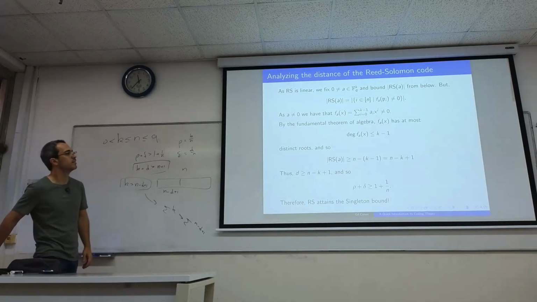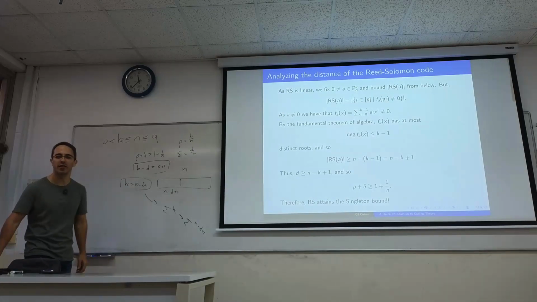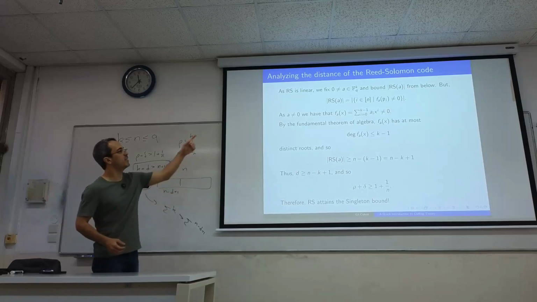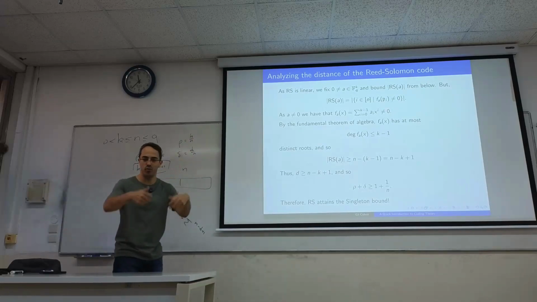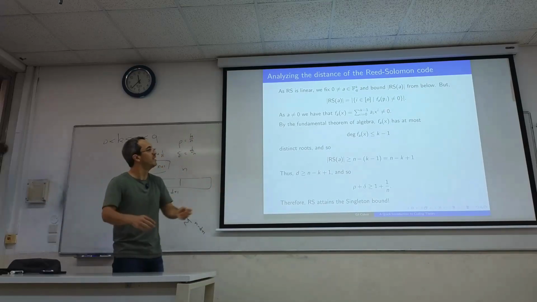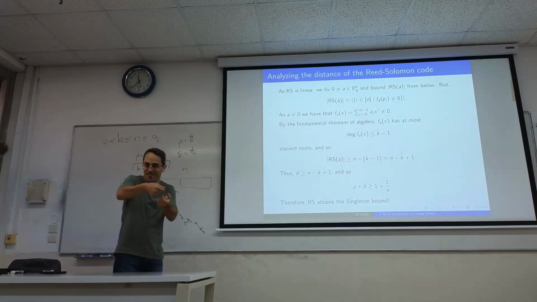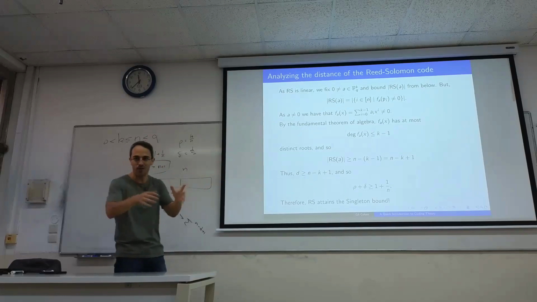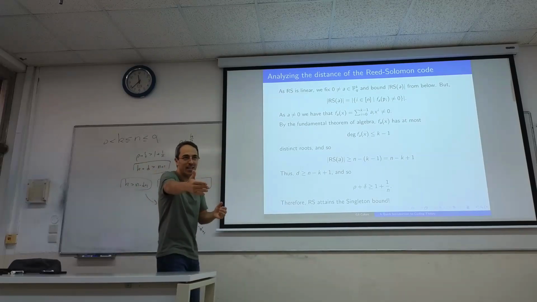But the fact that the alphabet size is large is kind of weird if you think about it, because it depends on n. Say you want to send a book or something, and the book is long, but it doesn't mean that the number of letters has to be as long as the book, right? You have like 26, like 50, I don't know, characters that you care about. They shouldn't increase with the length of the book, right?